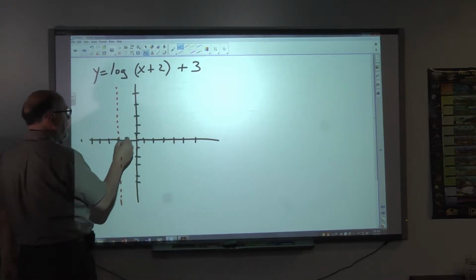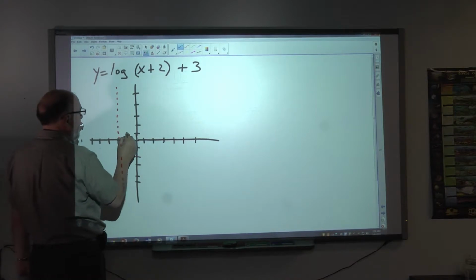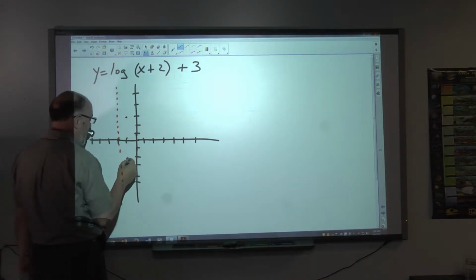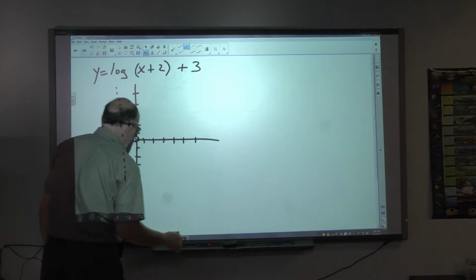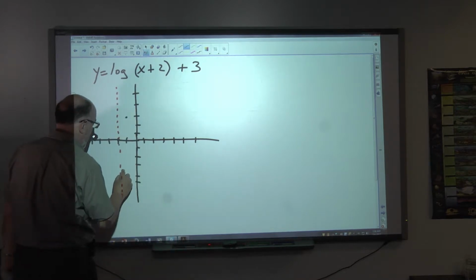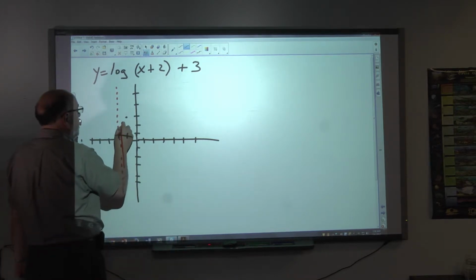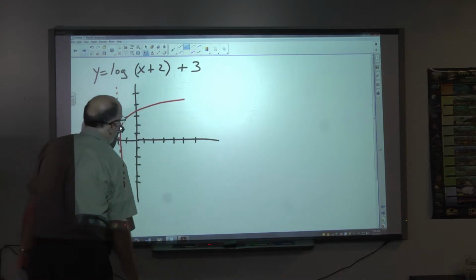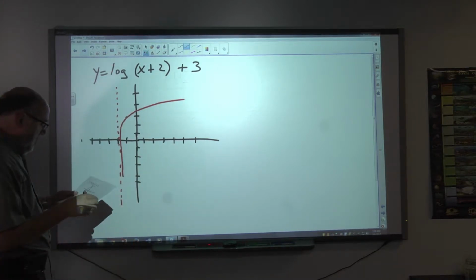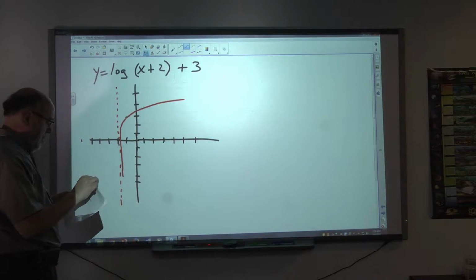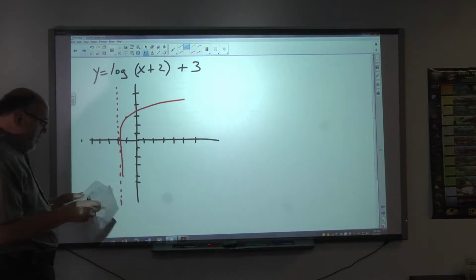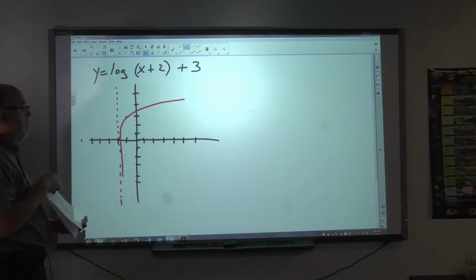So we moved it over here, and then the plus 3 is going to take that and move it up 3 units. And so our curve is going to look something like that. So we can move it up and down, left and right, the same as we did with exponentials, and it works the same way.